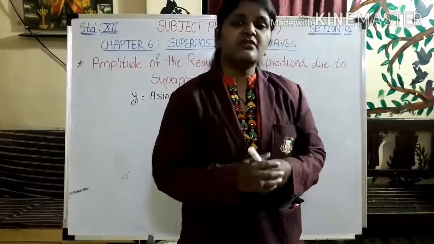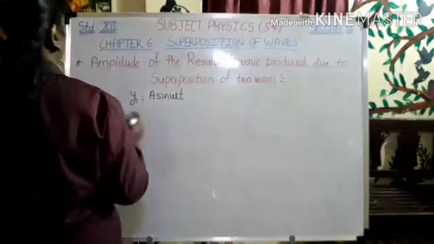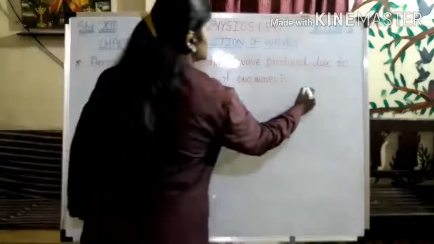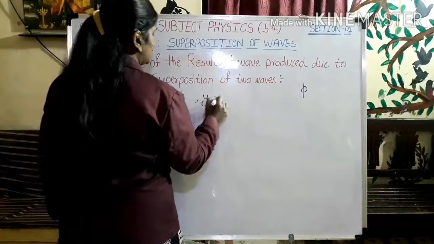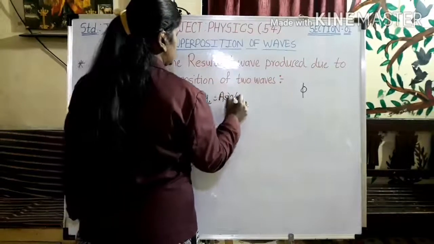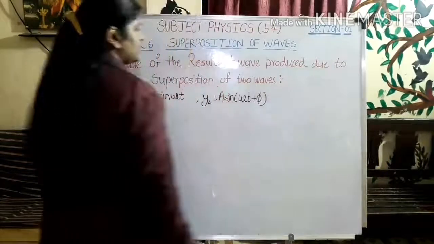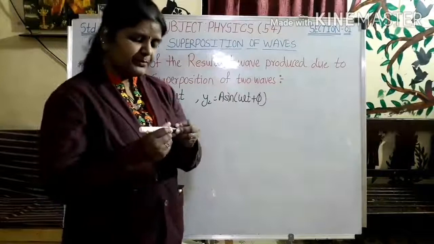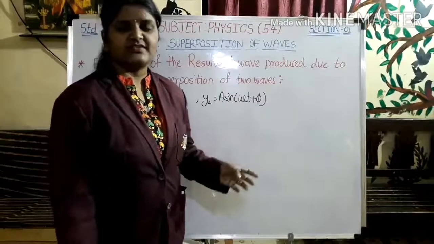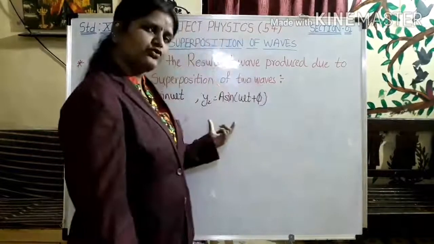So there will be a phase lag between the two waves, and that phase lag is given by phi. So I am going to write another equation, which is a sin(omega t plus phi). These are the two waves traveling through the medium that we are going to consider, and we are going to find the resultant amplitude of both of these.